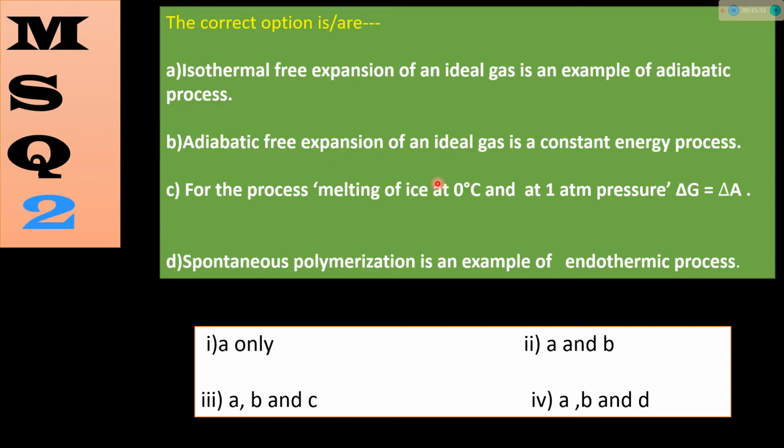So statements A and B we saw, both are correct statements. In place of constant energy process we can write here also this is an example of isothermal process. So isothermal free expansion of an ideal gas is an example of adiabatic process. Adiabatic free expansion of an ideal gas is an isothermal process, or you can say constant energy process.